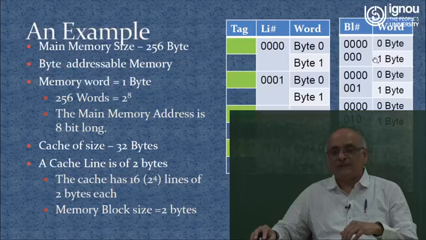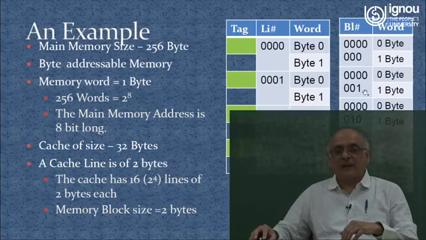This one is 7 zeros followed by 1. For this, 0, 0, 0, 0, 0, 1 followed by 0, that is 2. This is going to be 3, which is 0, 0, 0, 0, 0, 0, 1, 1. So this is how our addresses are arranged. And the cache has line numbers, and the size of the cache is 32 bytes.